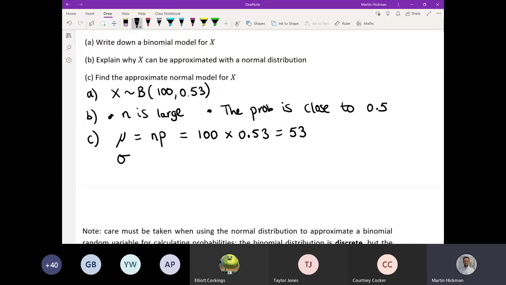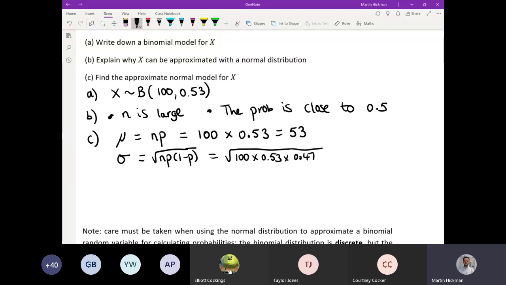Also, for normal distribution, I need my standard deviation, or I need my variance. So to work that out, I use the other formula that we were given. And here I just do n times p times 1 minus p.